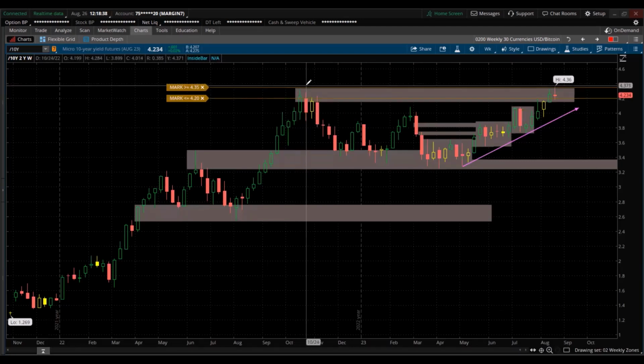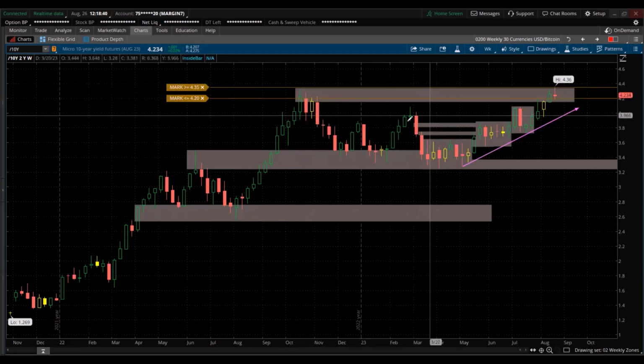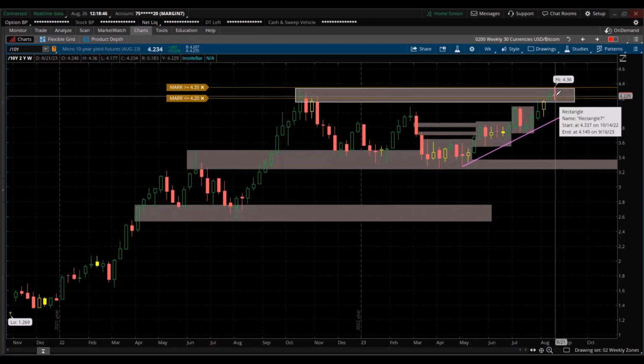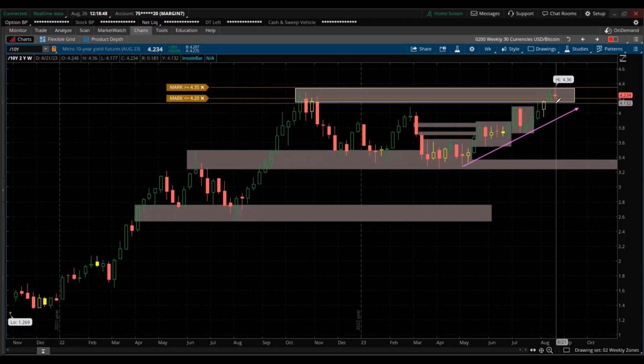Yields, interest rates higher. So typically yields go higher, US dollar goes higher. This closed as a doji, very suspicious, potential reversal. Let's see what happens. Watch for the next Federal Reserve meeting and how we react. Their emotions react with the currencies.